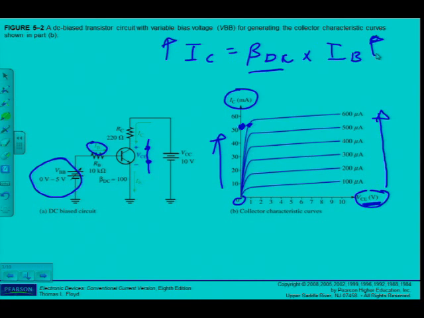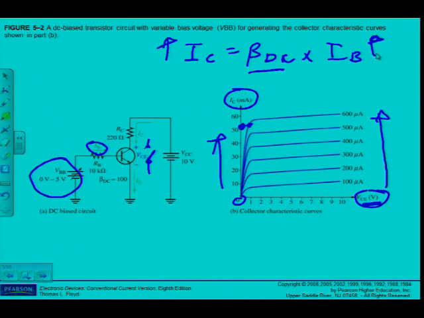The cutoff. Whatever it may be, we know if the transistor is in cutoff, you just open the switch here. When the transistor is in cutoff, I know that it acts like an open switch.